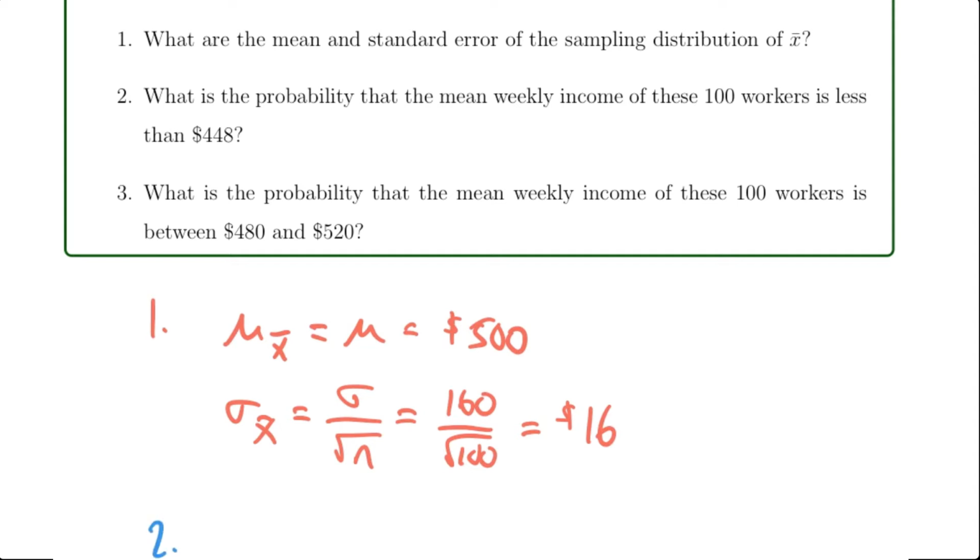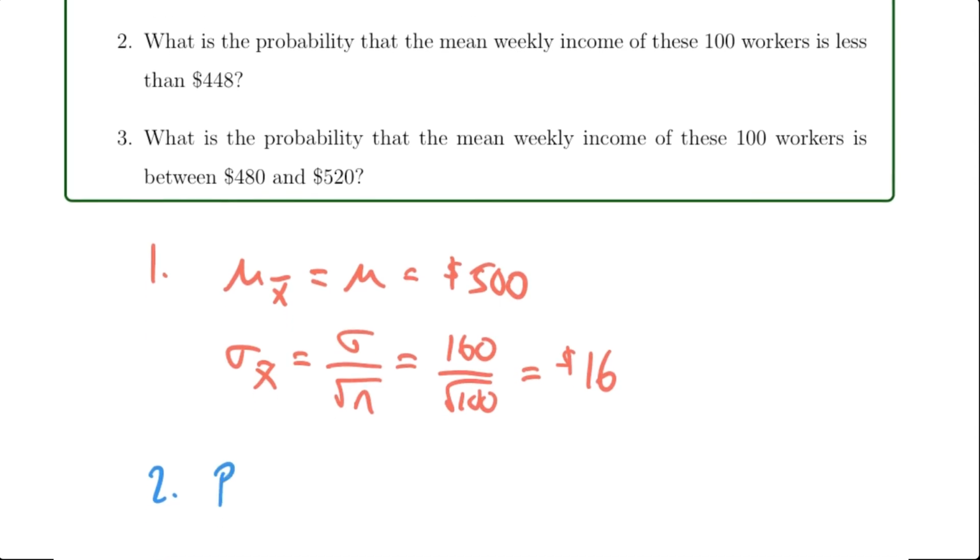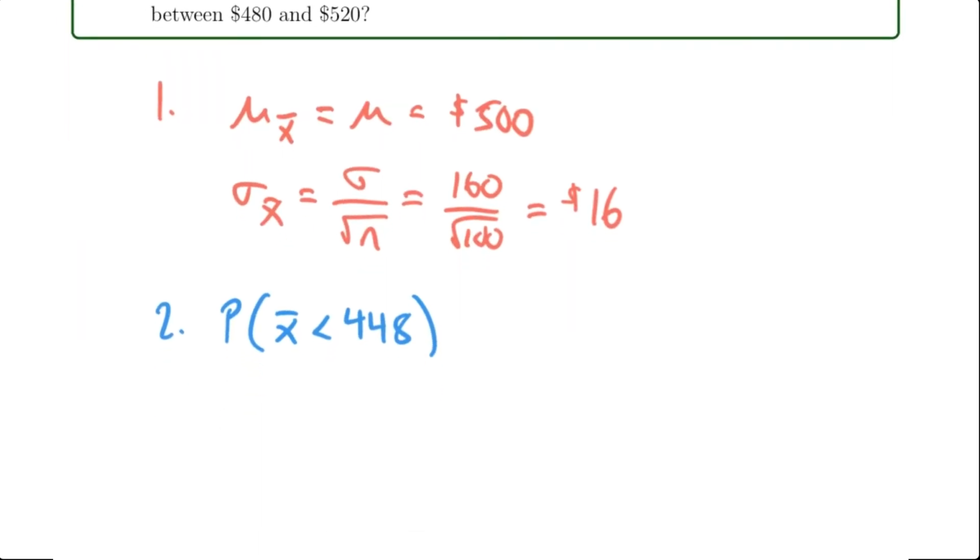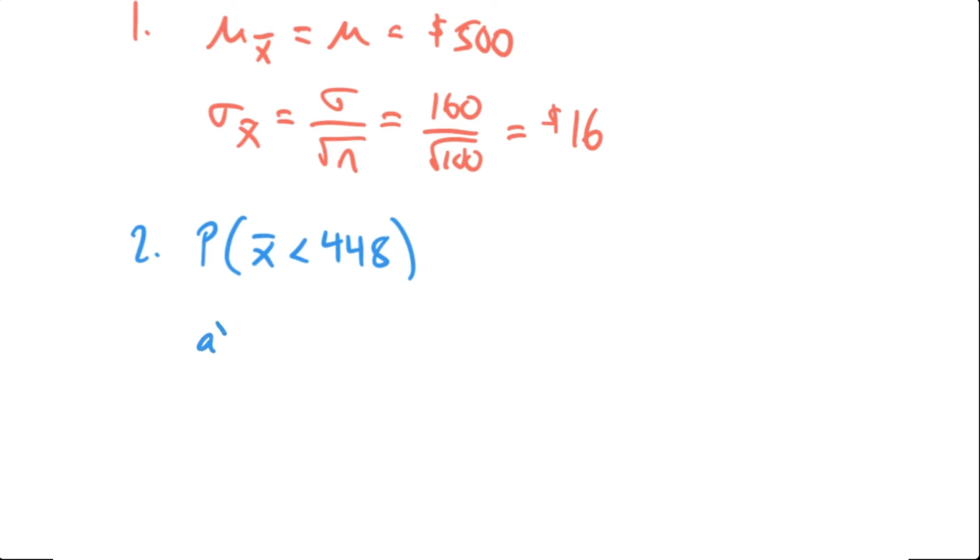All right, question two. What is the probability that the mean weekly income of these 100 workers is less than $448? The notation would look like this: we want the mean to be less than $448. Now I want to convert that to a z-value so that I can look it up in a normal table. The formula is z equals x bar minus mu over the standard error, because we're talking about the sampling distribution.